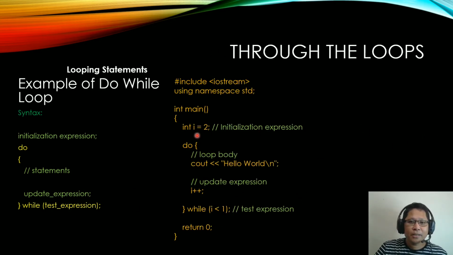So here we have the initialization expression, int I is equal to 2. And the do body, the loop body, is here: cout hello world. And our increment is here, I plus plus. And last we have the while with the test expression, I is less than 1. So the condition here is false.